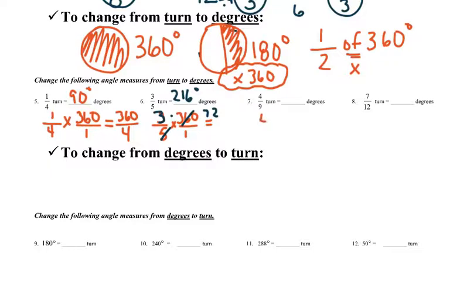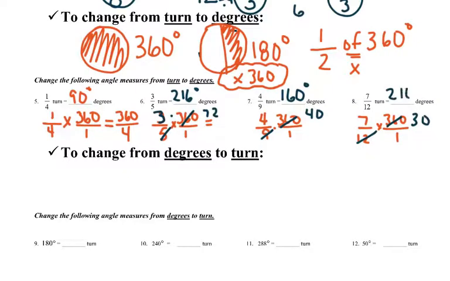Here, if I have 4/9 times 360 over 1, I could say, 9 goes into 36 4 times, so 9 goes into 360 40 times, and then I have 160 degrees. And 7/12 times 360, 12 goes into 360 30 times, and 7 times 30 is 210.